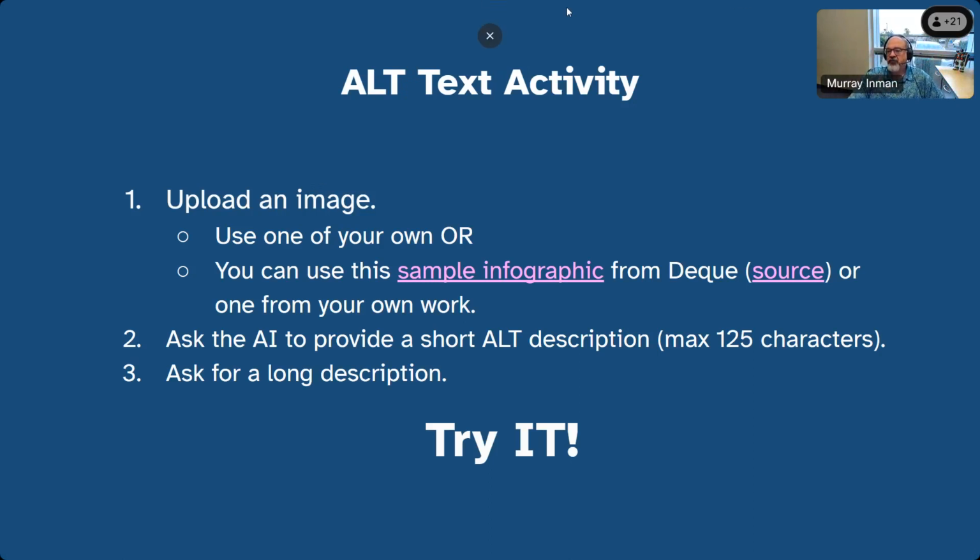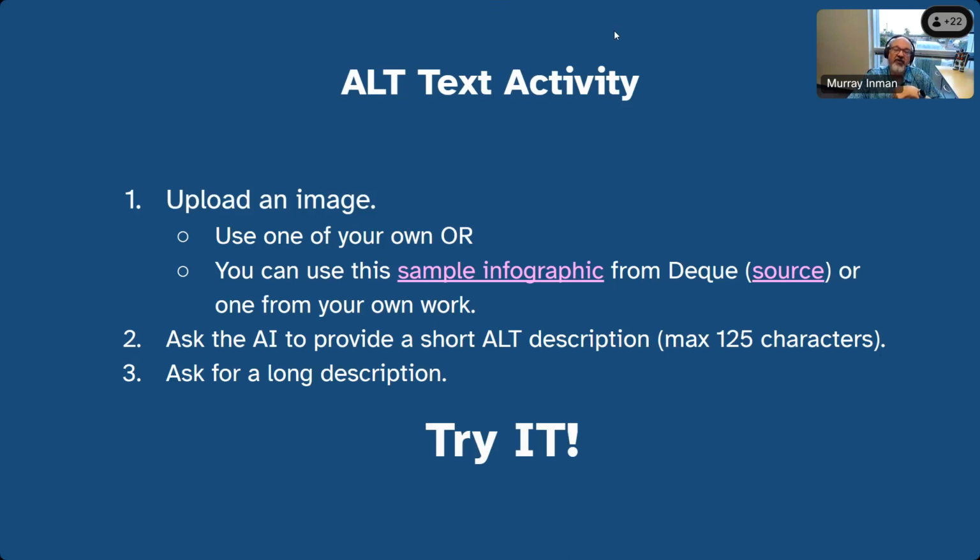Okay, so let me put a link in the chat. If you have an image you want to experiment with, by all means, please use that. If you need an image, I'll put a link here to one we grabbed.